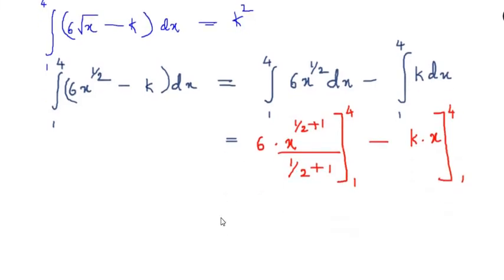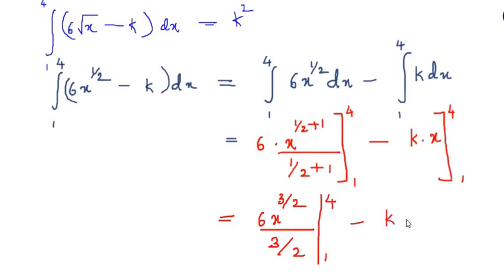Now let us simplify this. We have it as 6 x to the power of 3 over 2 over 3 over 2, and the limits remain the same, 1 till 4, minus kx, the limits 1 till 4.